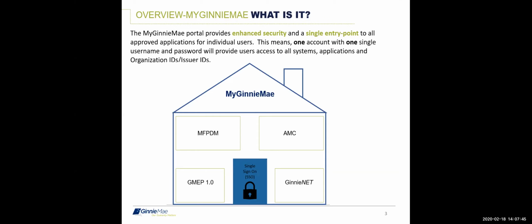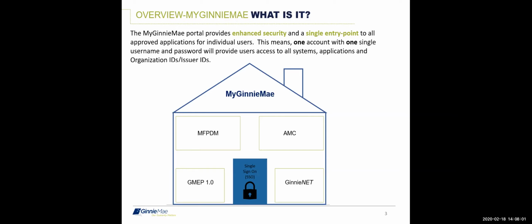For this particular call, we are targeting our subservicers. So you absolutely have access to multiple issuer IDs that you subservice. All of that access is provided to you using one account.